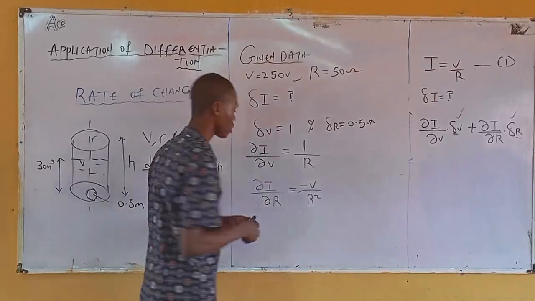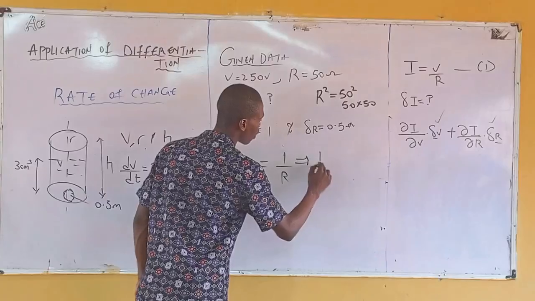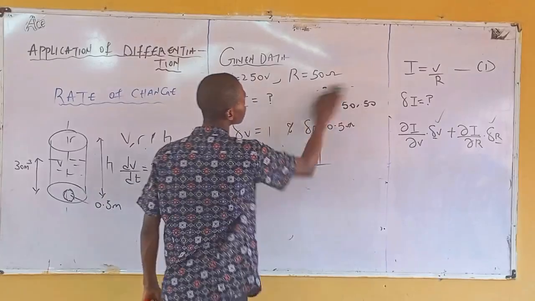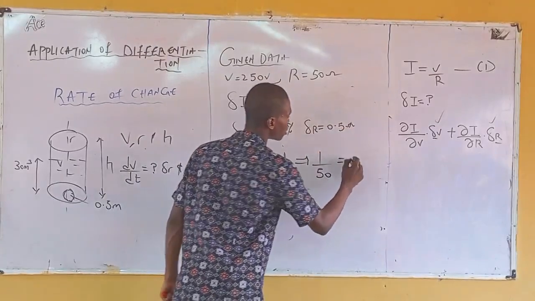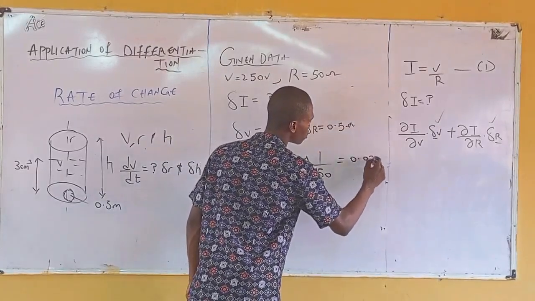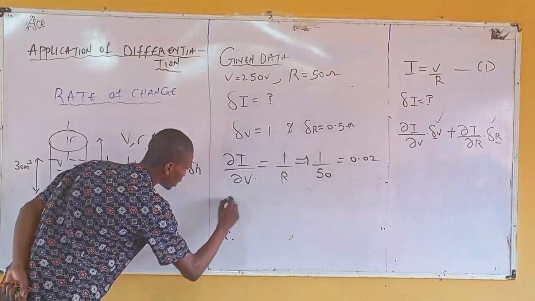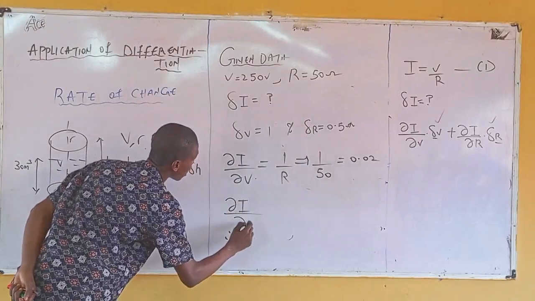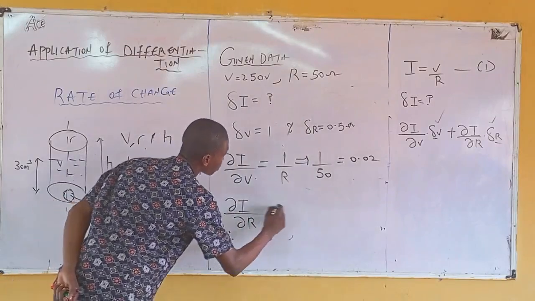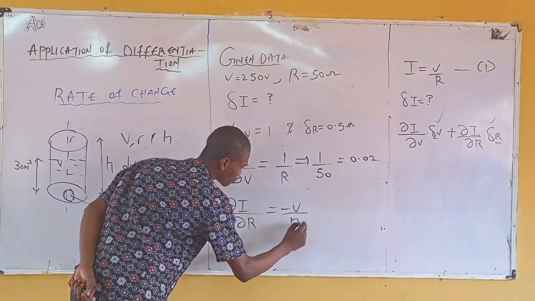Now let's solve. This implies that 1 over 50, and that's 1 over, what's the value of r given from the question? That's divided by 50, and this is what? 0.02, right? Yes. Now let's get the value of partial dI divided by partial dr. We've solved this earlier. We got negative v over r squared.